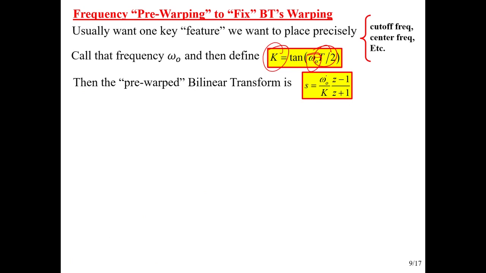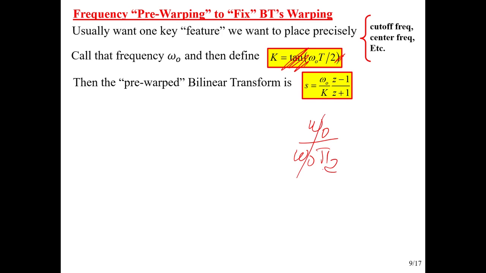Now, instead of having 2 over T, we have this omega 0 over k. If you look at that omega 0 over k, you can see that if you were to undo the tangent on that, you'd end up with omega 0 over omega 0 T over 2.